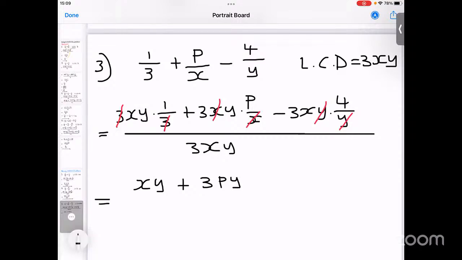But if you remember, I always encourage you to write the letters alphabetically. If p comes first, rather write it as py. Then here you will have, what is 3 times 4? Definitely it is 12, and the letter there is x.